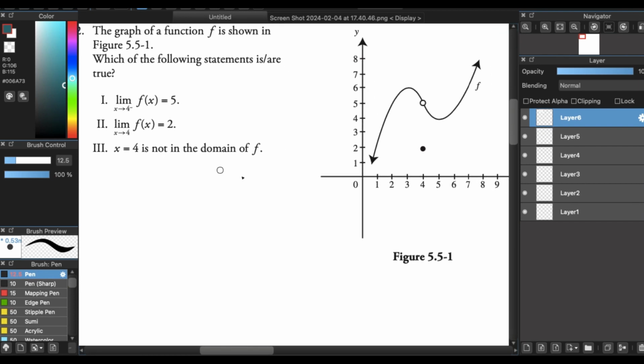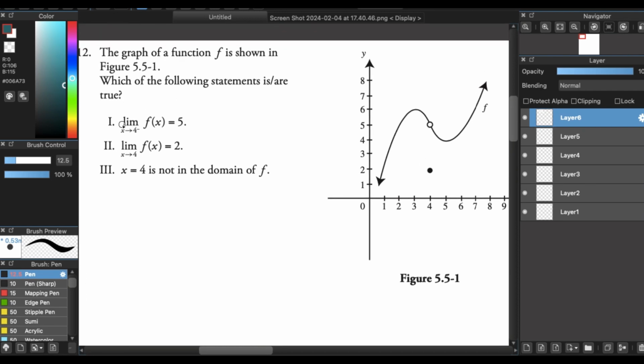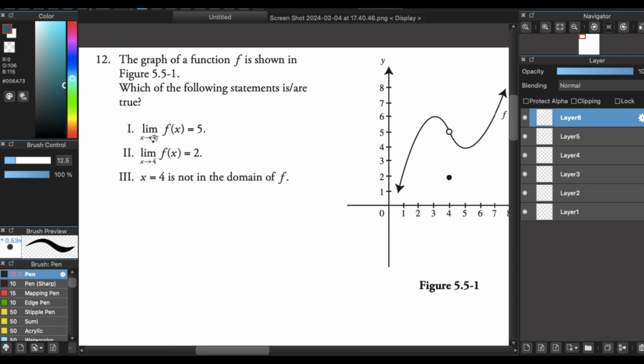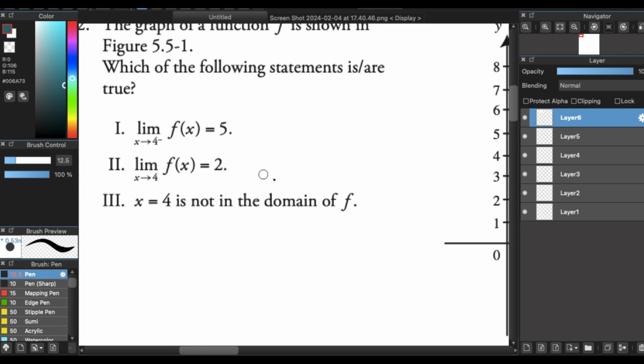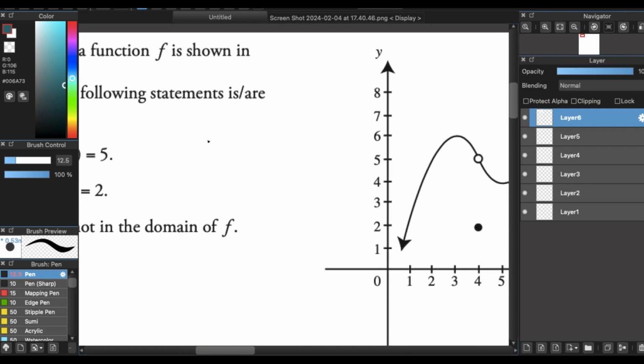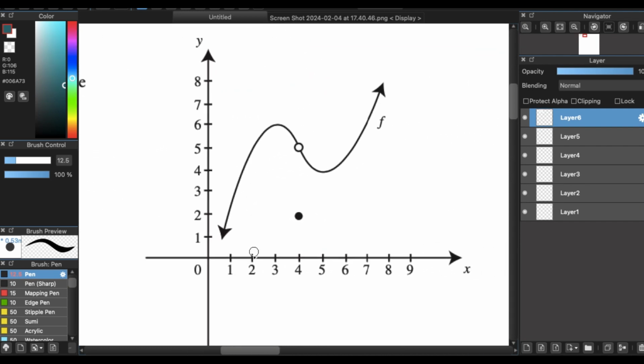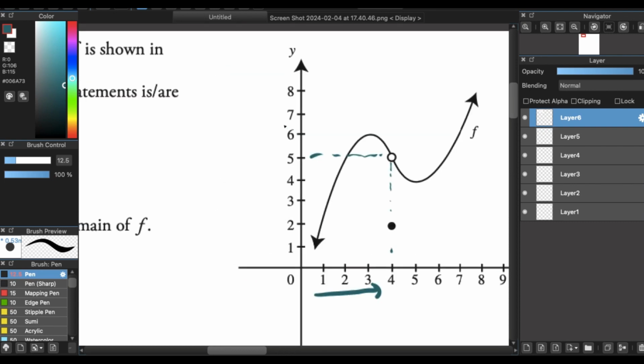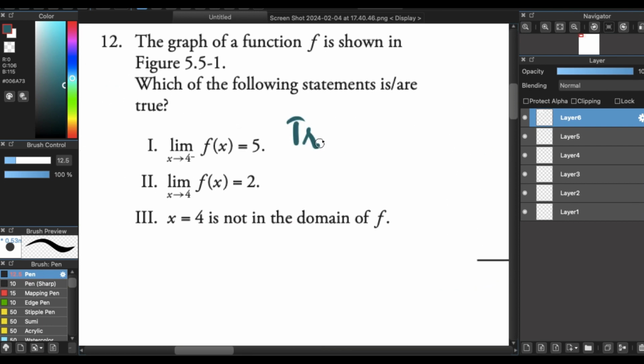As you can see, the function is discontinuous at x equal to 4, right? This one indicates the discontinuity. The limit when x approaches 4 from the left side equals 5, and let's go check that. So x approaches 4 from the left side, and we see that yes, it's going to be 5, so statement 1 is true, right?